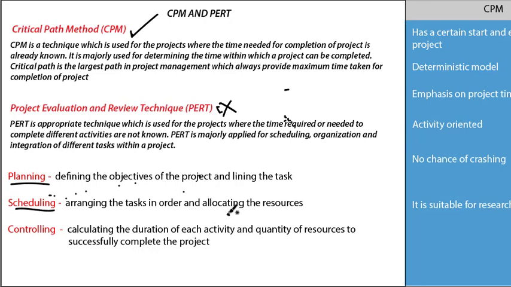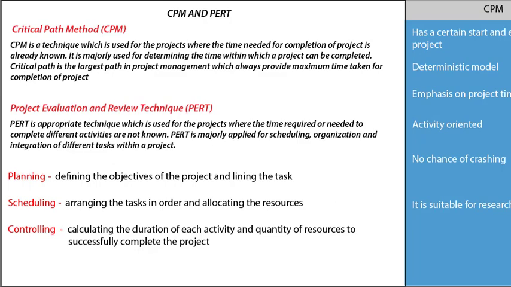You will be arranging the tasks in a specific order, which should be completed first and which next, and from that you can schedule the project. The third is controlling, where you calculate the actual time required for completing a particular activity and the resources required. So this is the introduction to CPM and PERT.